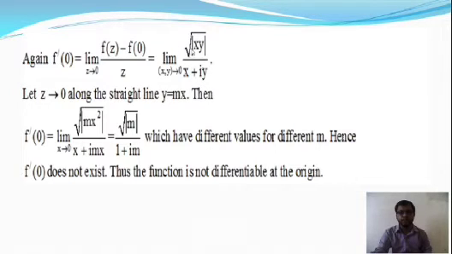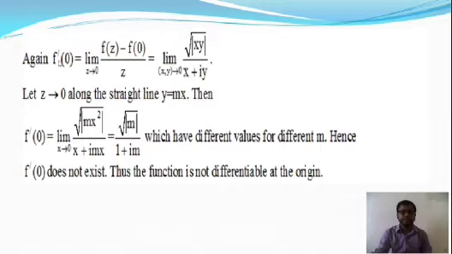At the point 0 it should be 0 by z, where z is equal to x plus iy, and z tends to 0 means x comma y tends to 0. So what is differentiability? If f dash z exists, then it is differentiable. If f dash z does not exist, then it is not differentiable.